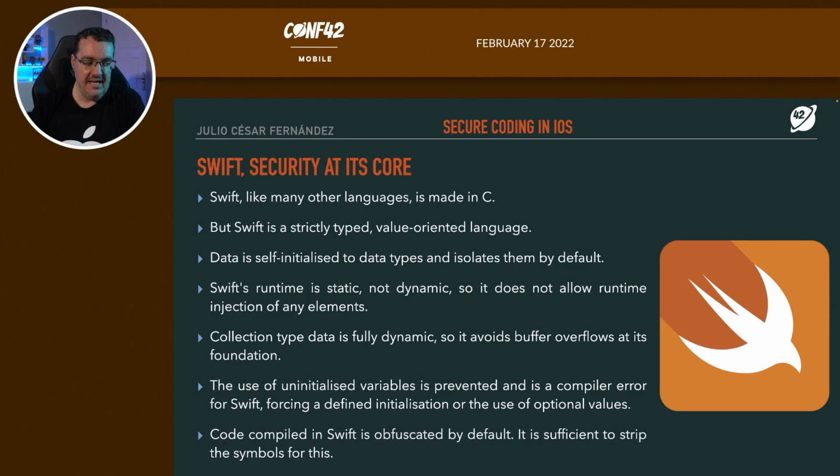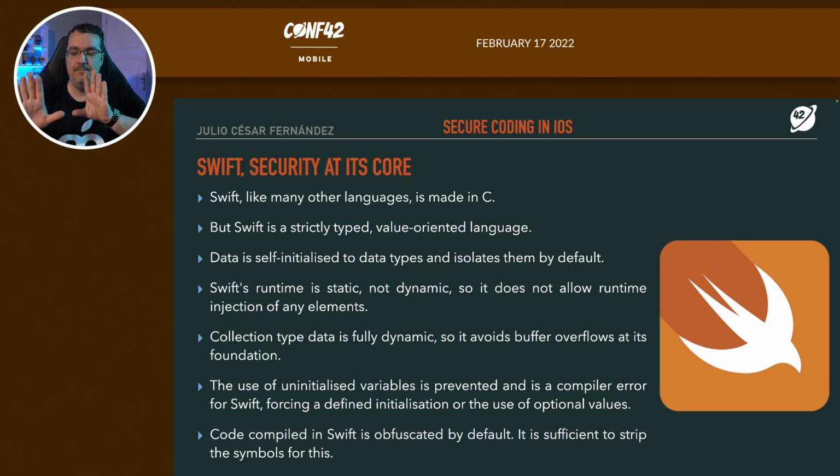Also, code compiled in Swift is obfuscated by default. Any code compiled in Swift is not readable, it is not accessible. You cannot read compiled code in Swift because it's obfuscated. And obfuscation is when you change the names of the methods and the variables to something not readable, like randomized characters, okay?